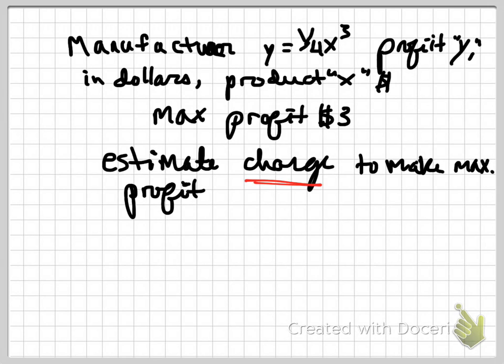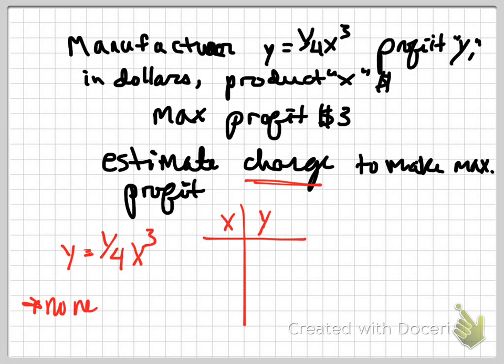So we have the function y equals 1/4 x cubed. I'm going to make an x and y chart. We can't have a negative charge, right? We can't have a negative amount people pay for our object. So we're not going to do any negative values of x. We'll start with 0, do 1, 2, and 3.